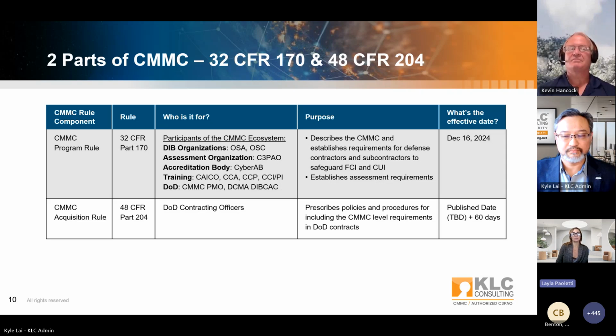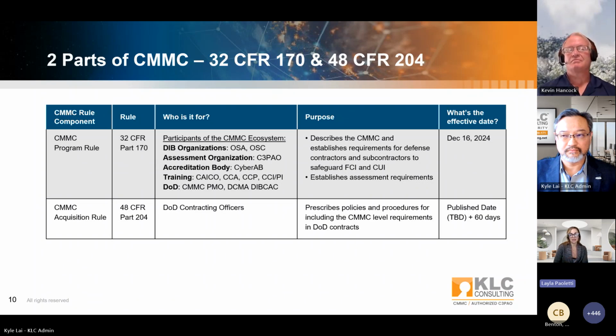And the 32 CFR does two things. It's describing CMMC and establishing the requirements for contractors and subcontractors to protect the confidentiality of FCI and CUI. And it's also establishing those assessment requirements for the participants of the CMMC ecosystem.